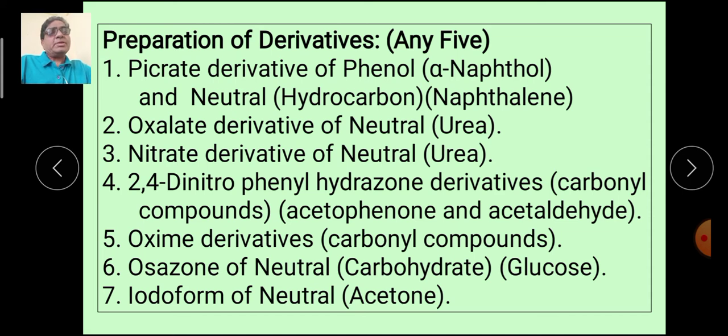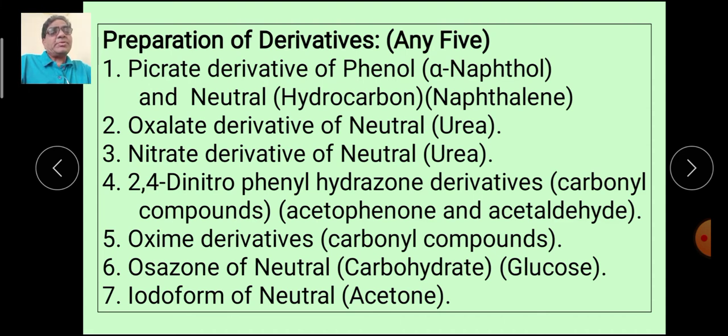Second derivative is oxalate derivative of neutral, the compound is urea. The third one is nitrate derivative of neutral, the compound is again urea. Then fourth derivative is 2,4-dinitrophenylhydrazone derivative of carbonyl compounds, and these compounds are acetophenone, a ketone, and acetaldehyde, an aldehyde.